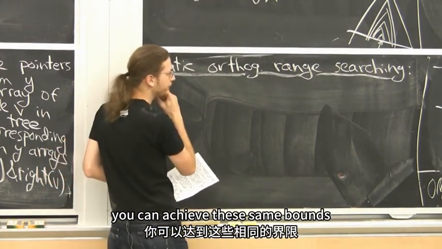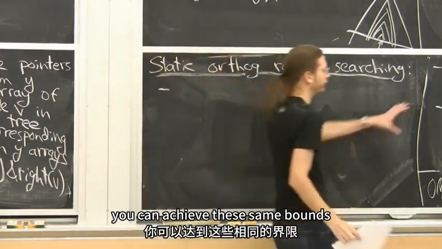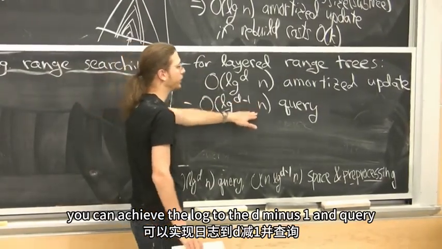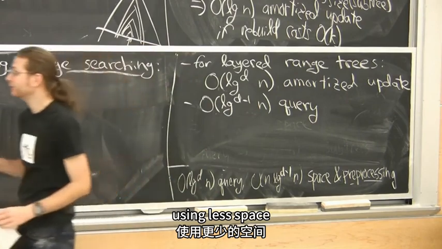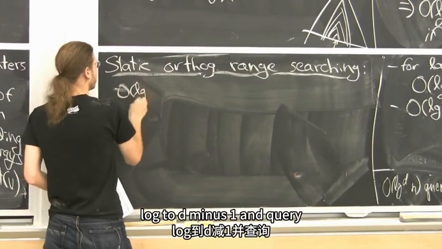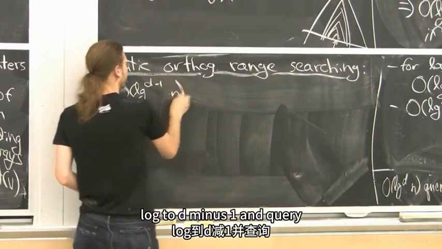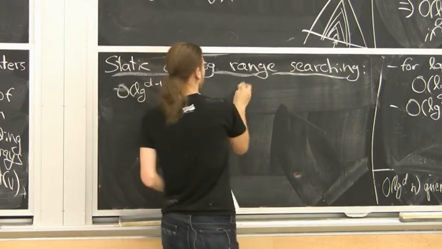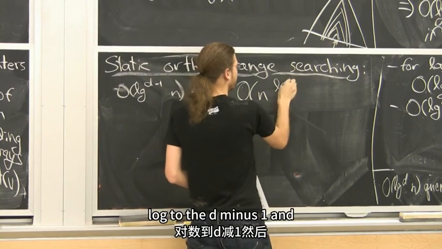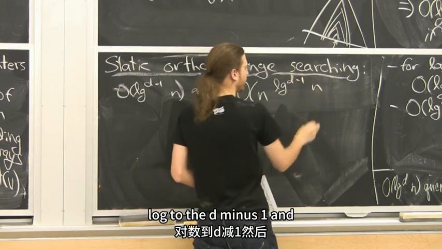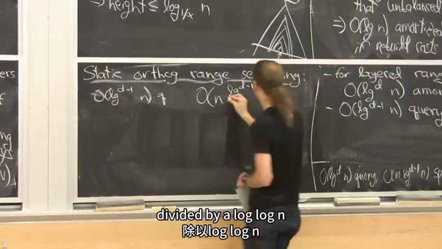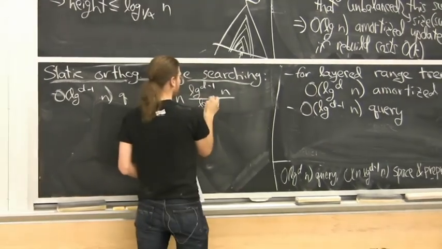You can achieve these same bounds. Oh, sorry, no update. You can achieve the log to the d minus 1 query using less space. So I can get log to the d minus 1 query and n log to the d minus 1 space, that's what we were getting before, divided by log n.